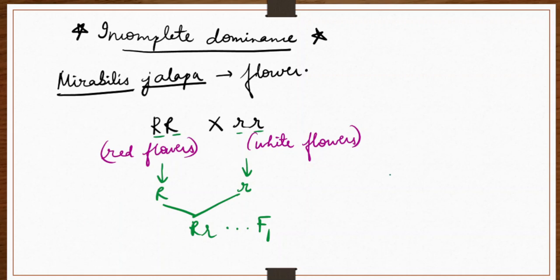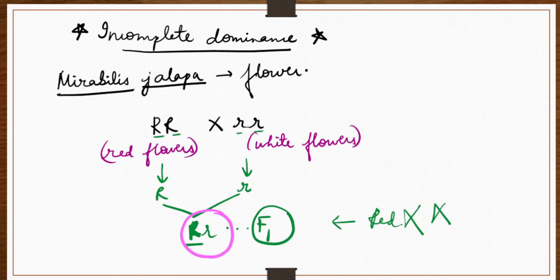Now, since we know that the law of dominance says that only the dominant allele will express in F1, according to that law, F1 must be all red. But instead of showing red color, it didn't show red color. This actually showed a pink color.